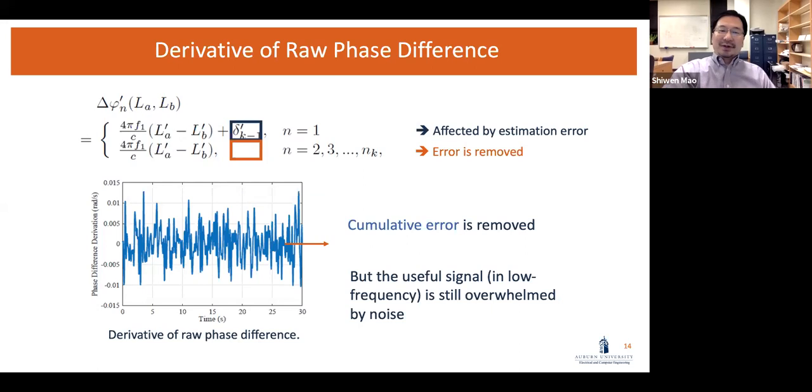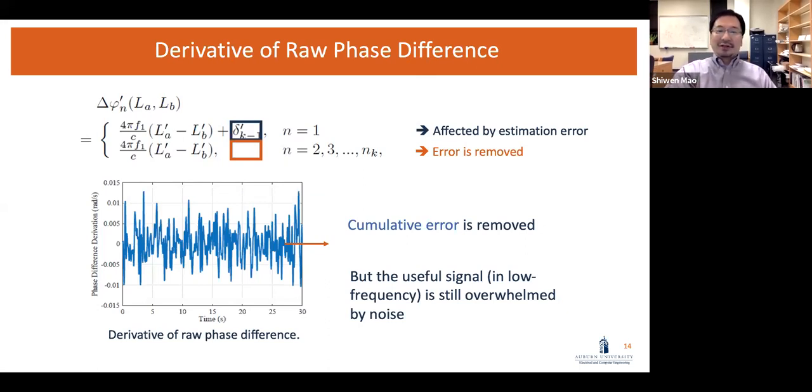Okay, so to deal with this cumulative frequency hopping error, we take a derivative of this phase difference again. After differentiating the phase difference signal, we'll only have this estimation error in the first example, when the system jumped to a new channel.